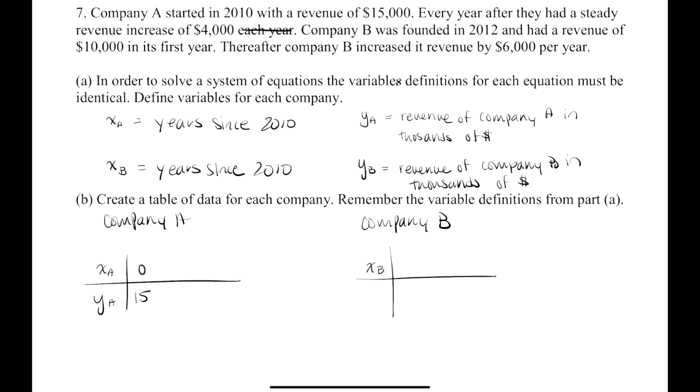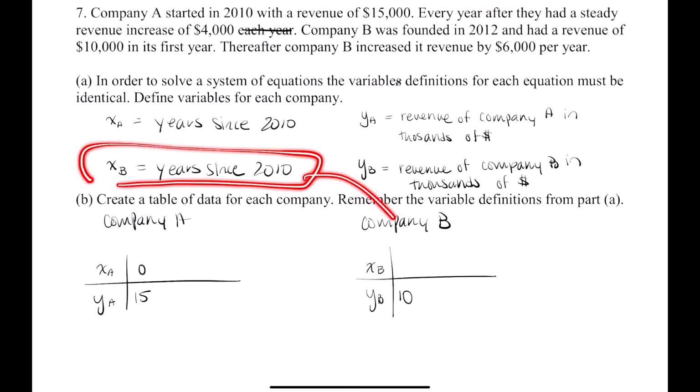Company B began with a revenue of $10,000. And now they were founded in 2012. So what is this X sub B going to be? Remember, this is years since 2010, and they were founded in 2012 with a revenue of $10,000.